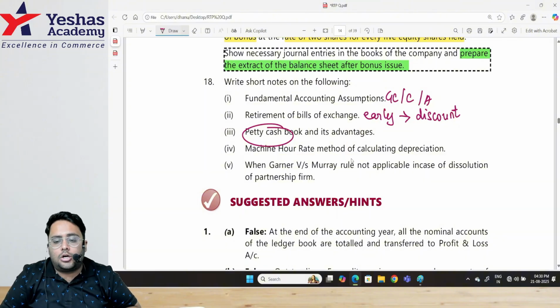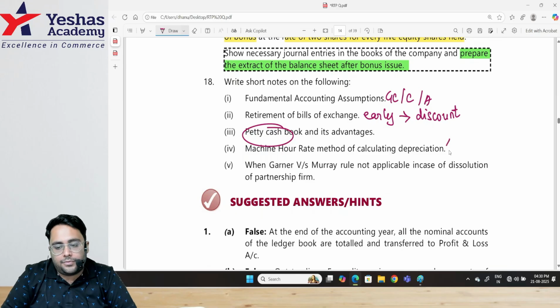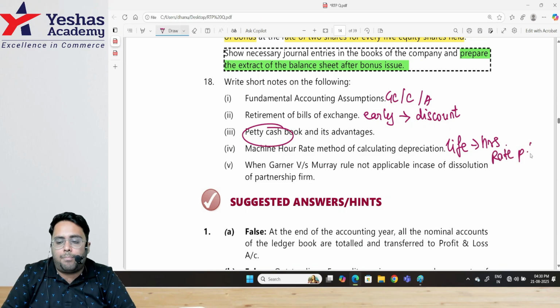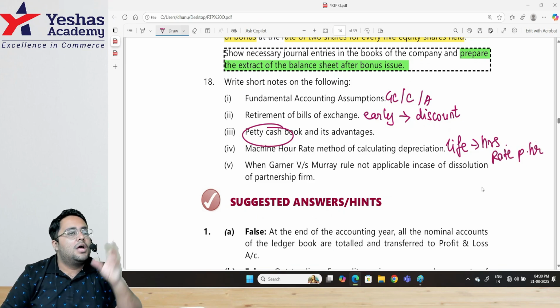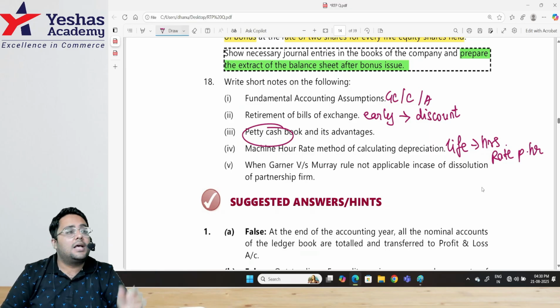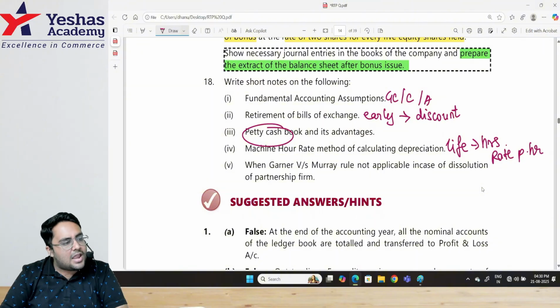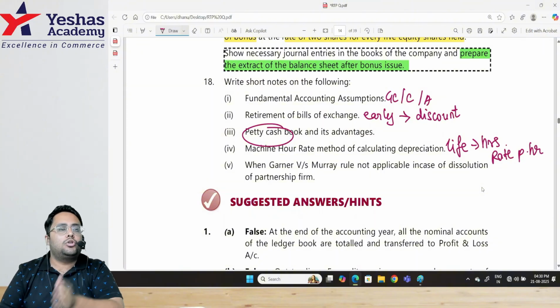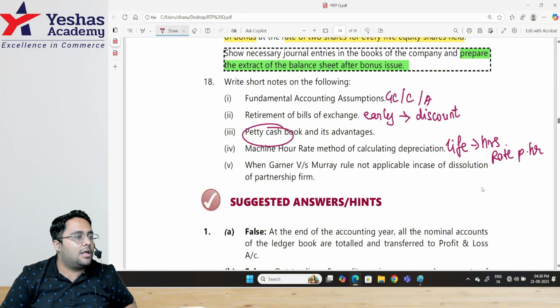Machine hour rate method of calculating depreciation. Life is given in number of hours. Your rate of depreciation per hour remains the same. Depending on the useful life, depending on the expected number of hours, calculate depreciation per hour. Depending on your actual hours used, calculate the depreciation for the year.